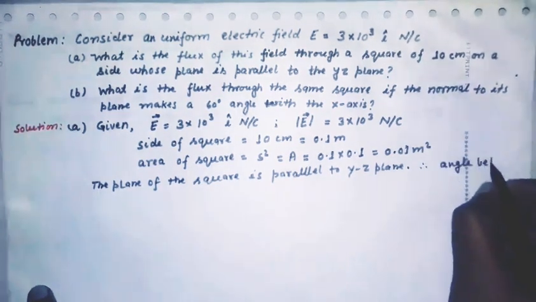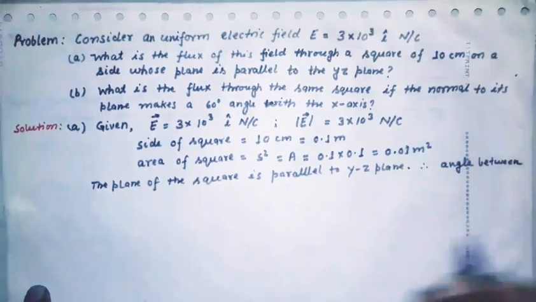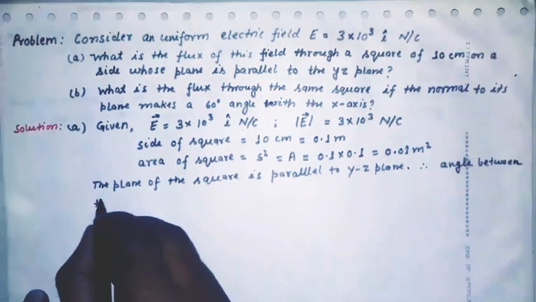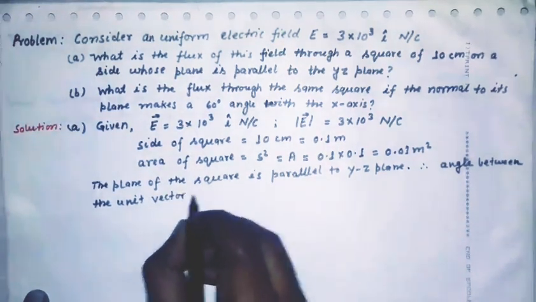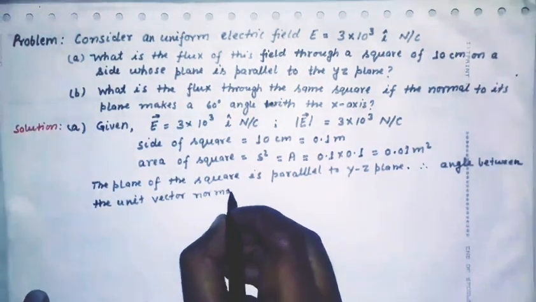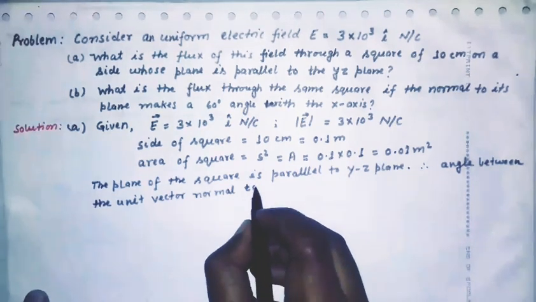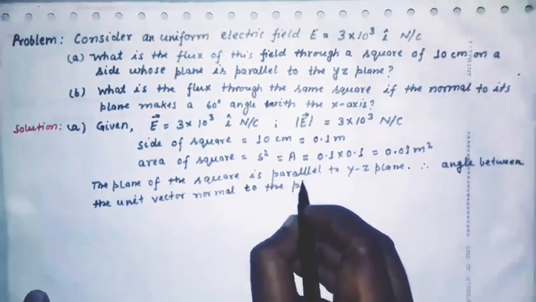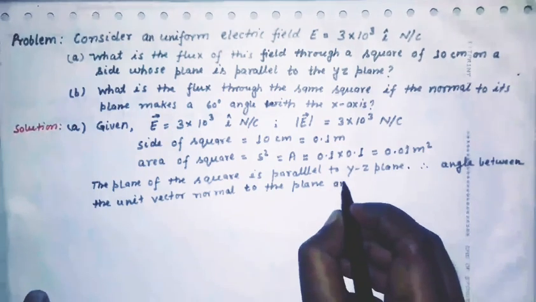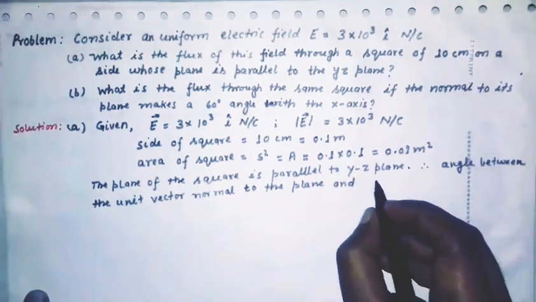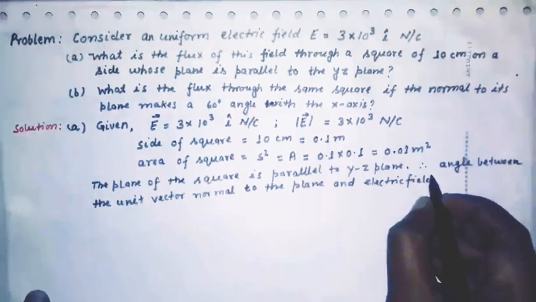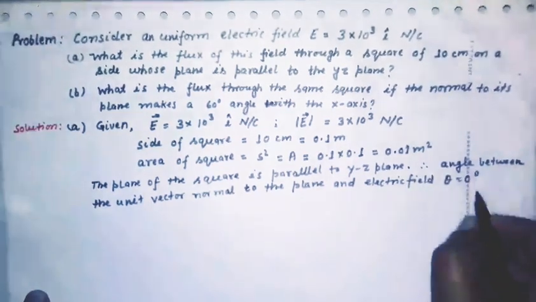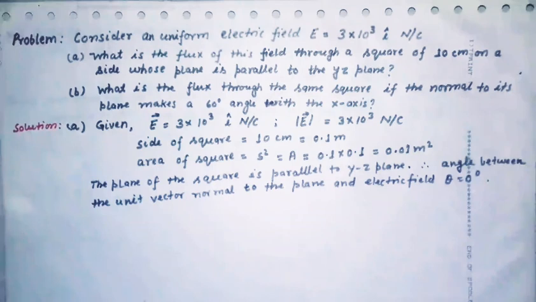Therefore the angle between the normal and the electric field, that is theta, equal to 0 degree.